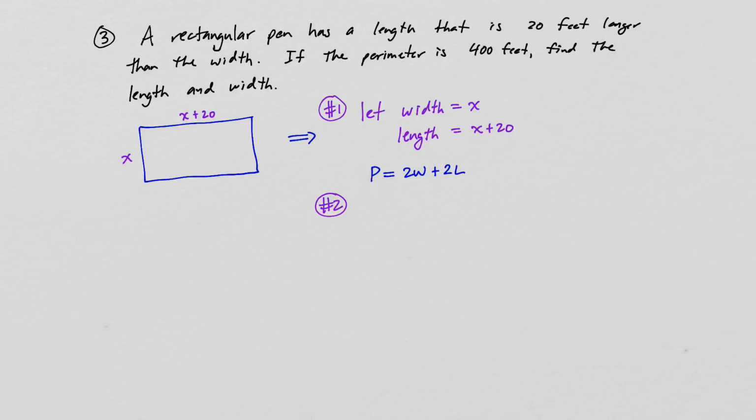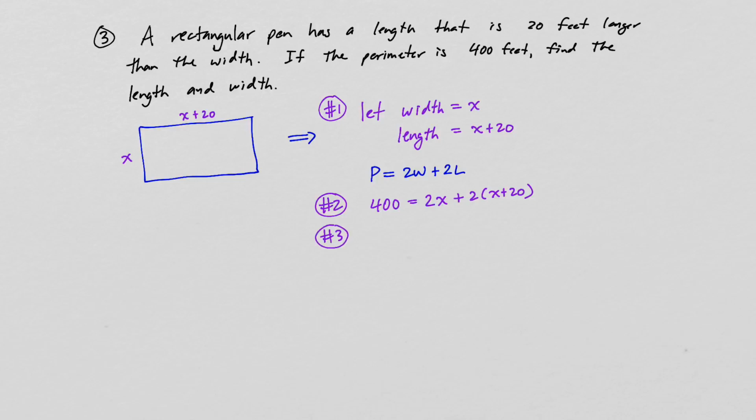We'll put that in here. The value for the width, which we called X, and the value for the length, which we called X plus 20. And so if we substitute all those values in, we get 400 equals 2 times X plus 2 times X plus 20.